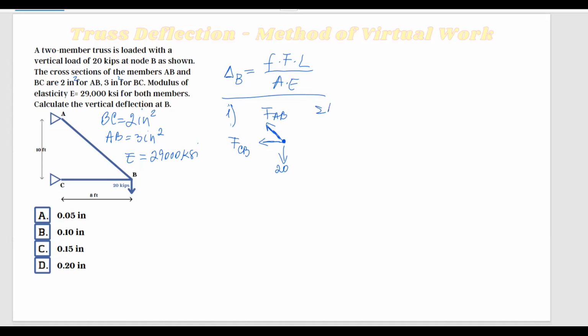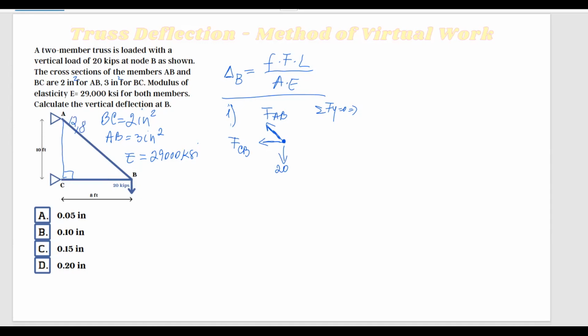If I do sum of forces in the y direction equals 0, the y component of force FAB is going to be equal to 10 divided by the hypotenuse, which I'm going to calculate in a minute out of this right triangle. So AB is going to be equal to the square root of 10 squared plus 8 squared. So I get 12.8.